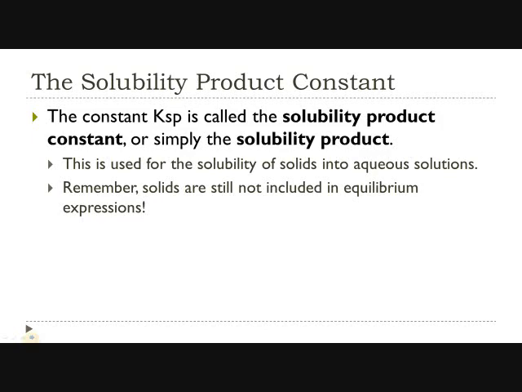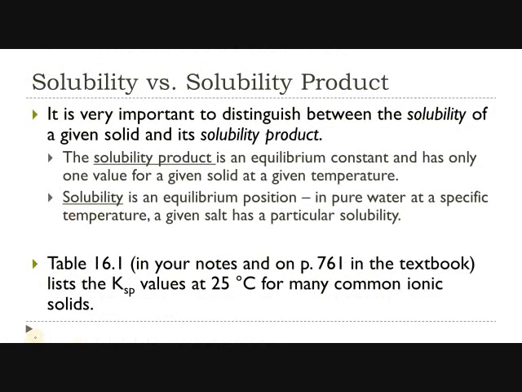Now, what's the difference between a Ksp and solubility in general? The solubility product is the equilibrium constant, and it only has one value for every given temperature. It could change, and that's why you're going to be given temperatures in problems. But just like any other equilibrium constant, there's no unit for Ksp.